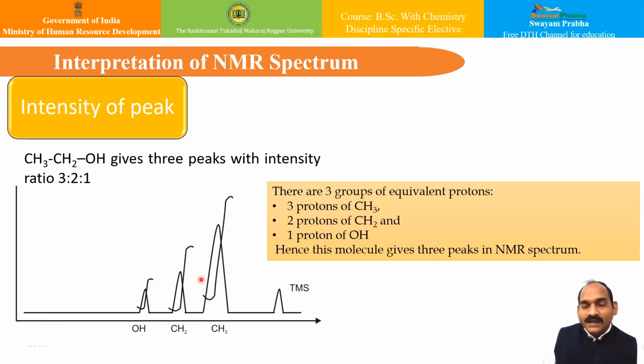You can see here, the height of each line determines the area under that particular peak. So the ratio of the intensities of peaks is equal to the ratio of the number of equivalent protons in those groups, which means the intensity is directly proportional to the number of equivalent protons present in that group.